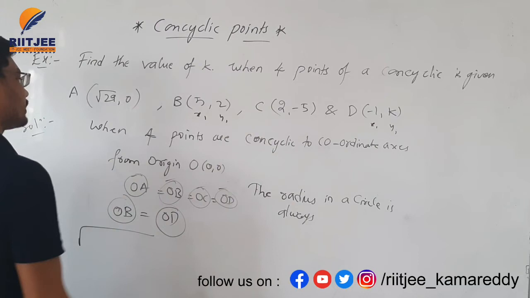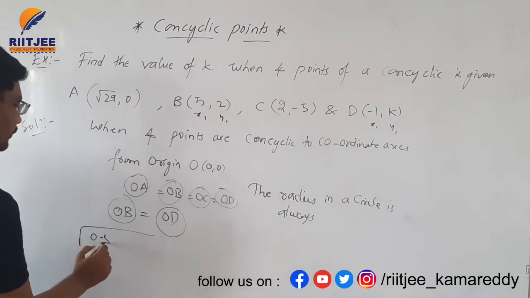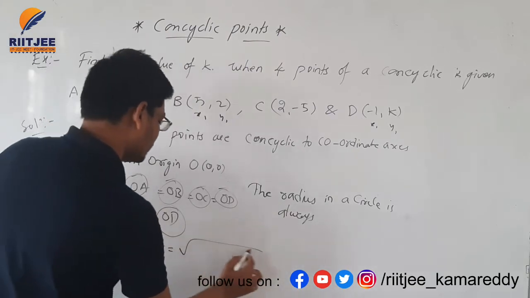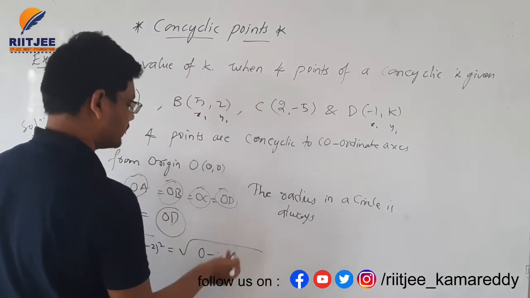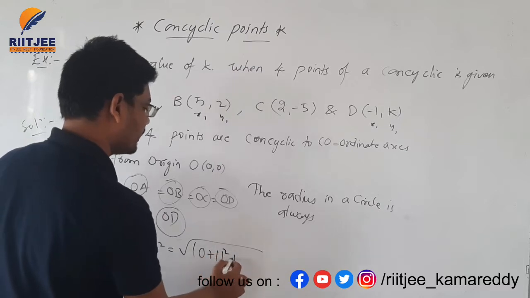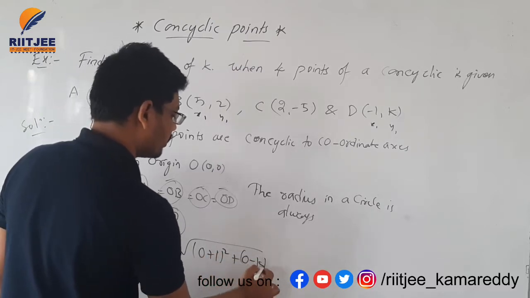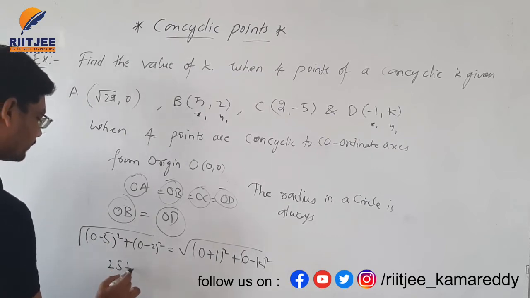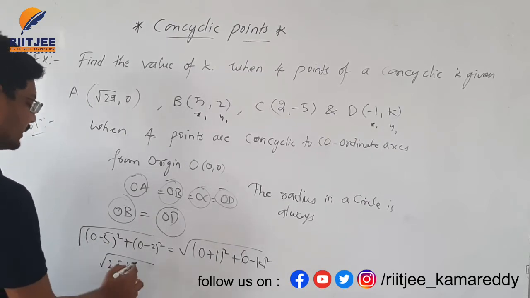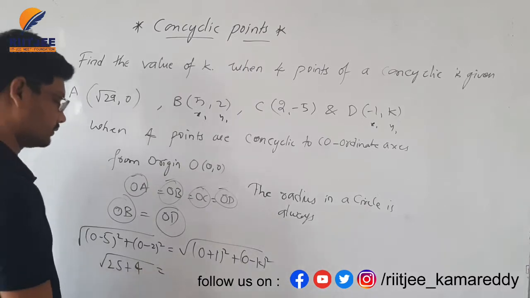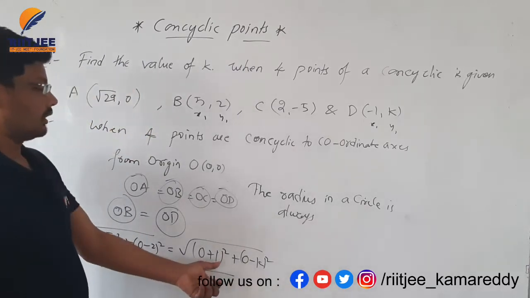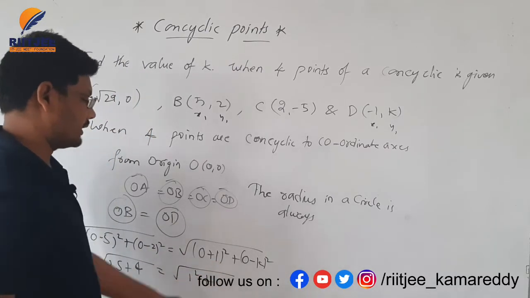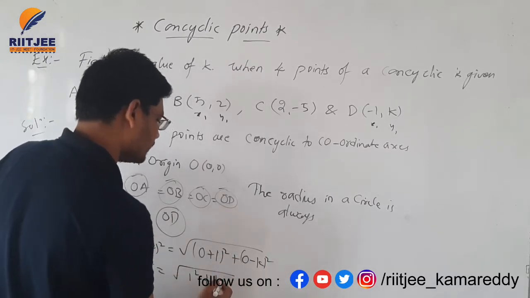So, 0 minus 5 whole square plus 0 minus 2 whole square equals 0 minus of minus 1, that is 0 plus 1 whole square plus 0 minus k whole square. Next, 5 square is 25, 2 square is 4, that equals 1 square plus k square.